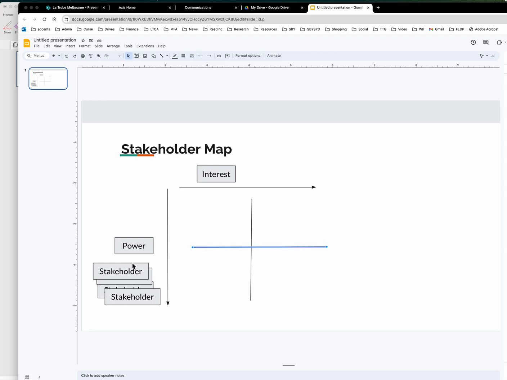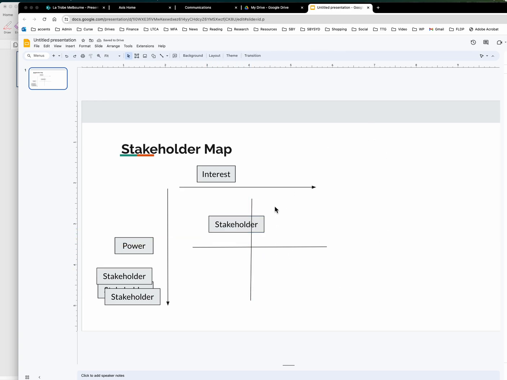You might want to do that, and then saying, well, this stakeholder sits in this part of the field. Do you see? So it gives more of a spectrum approach to the power and the interest.